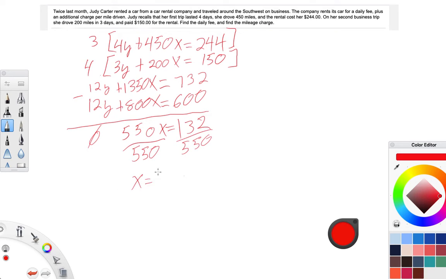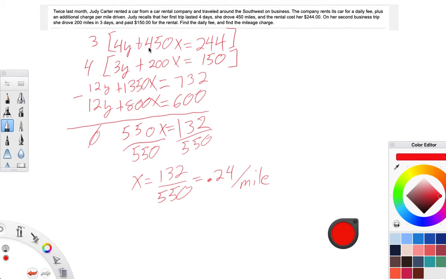So x equals 132 divided by 550, which can be simplified by dividing both by 2. I'm just going to put it into a calculator, this wonderful tool that was invented, and that gives me that my mileage cost is 0.24, so 24 cents per mile.